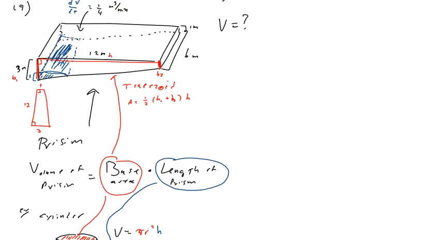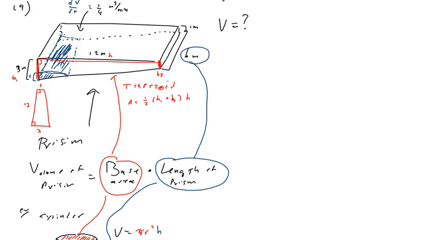So that's the area of the trapezoid. What is the length of the prism? We take the area of this shape and stretch it across the pool, and that's 6 meters. That is the length that we stretch it.